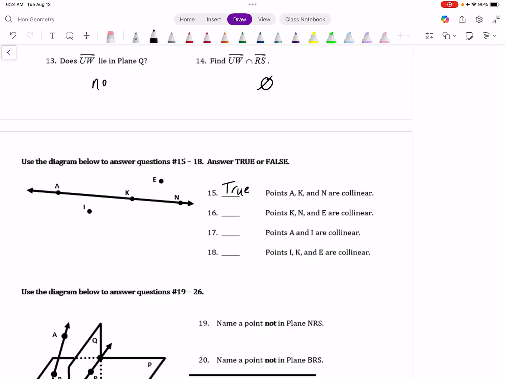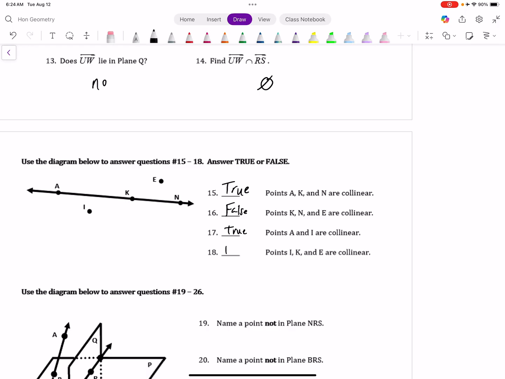So points K, N, and E are collinear. No, so that's false. They would be coplanar though. A and I are collinear. Again, I don't even have to look at the picture. Any 2 points are collinear. It doesn't matter if it's drawn in or not. There's a line through those. And then I, K, and E, I don't care if, oh wait. Ooh, this brings up a good point.